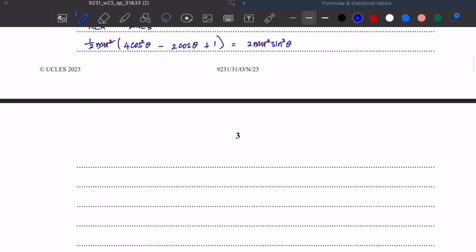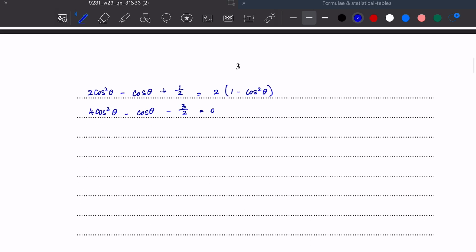And now we would get 2 cos squared theta minus cos theta plus half equals, okay, for sine squared we can change it to 1 minus cos squared theta. So we would get 4 cos squared theta minus cos theta minus 3/2 equals 0. And we change it to 8 cos squared theta minus 2 cos theta minus 3 equals 0.